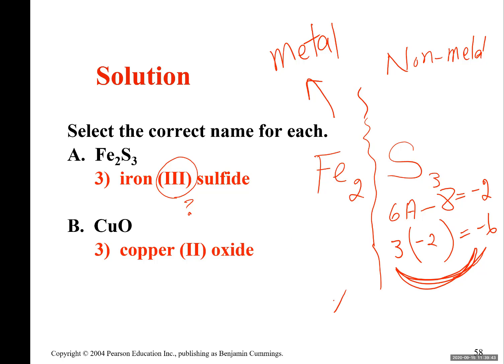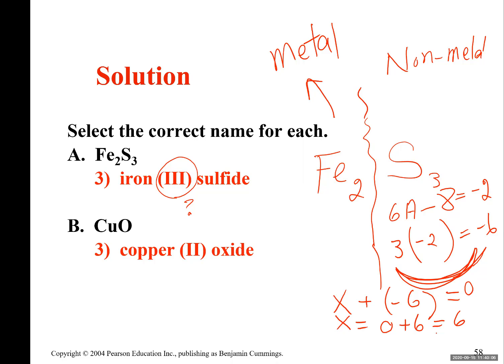So if you write X, charge of iron, plus charge of 3 sulfur, adding to 0. So what is the value of X? Can I move 6 from left to right? So it becomes 0 plus 6. Do I get 6?